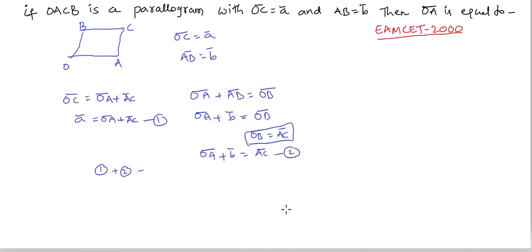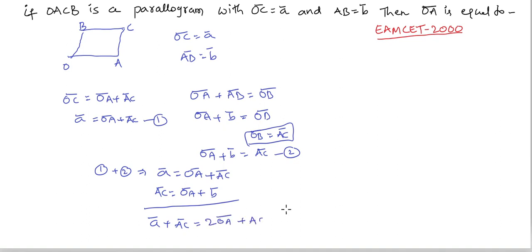First equation plus second equation: a bar plus b bar is equal to 2 OA bar plus AC bar. So a bar plus b bar is equal to OA bar plus AC bar plus OA bar plus b bar. AC bar cancelled. So OA bar is equal to a bar minus b bar by 2. This is the value of OA bar.